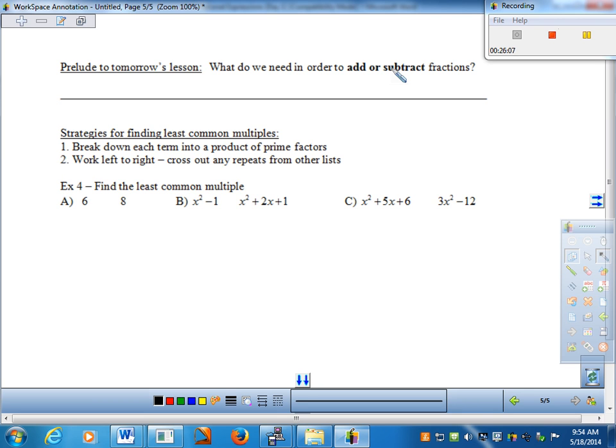Well, of course, in order to work with fractions in addition and subtraction, I hope everybody does remember and realize we are going to start talking about least common denominators. So we do need a common denominator to add or subtract fractions. And what that represents essentially is an idea for finding least common multiples of those denominators.